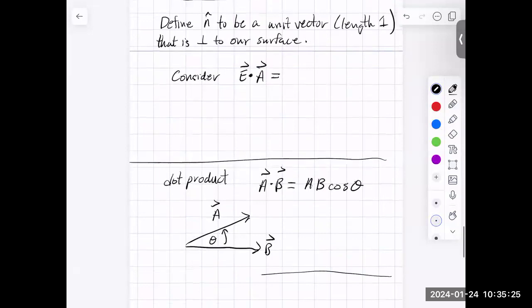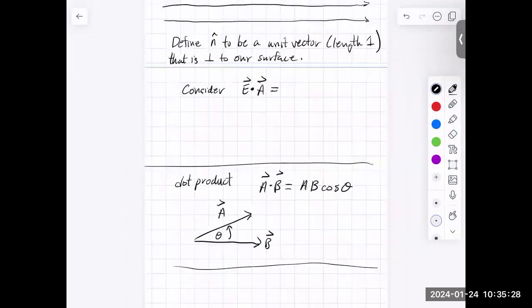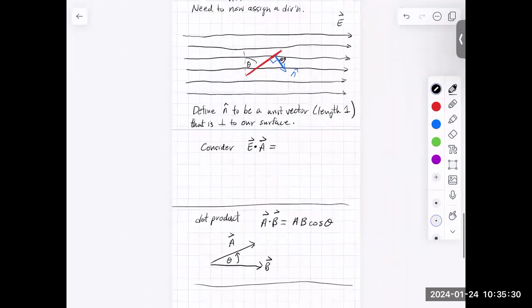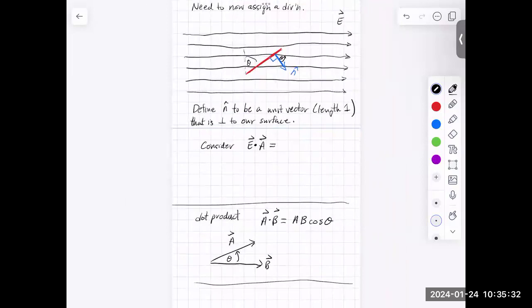Okay, and so now let's go back and look at our electric field and our normal vector n hat. The angle between the electric field and n hat is theta. So if I want to take the dot product of E and A, this is going to be E dotted with A, and A we said was A times n hat.